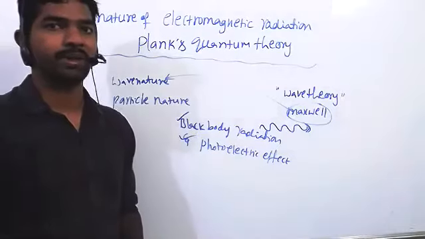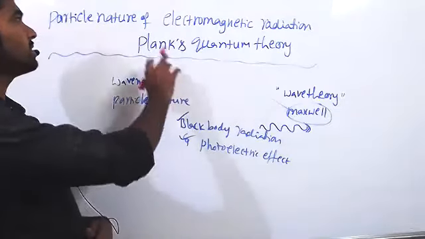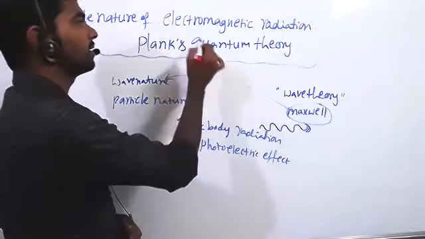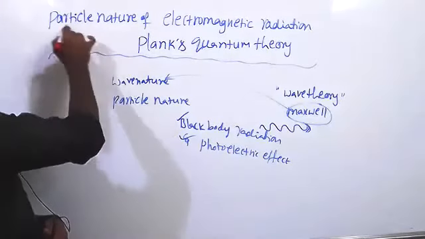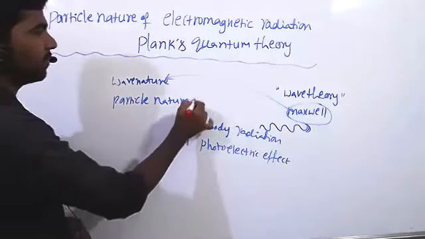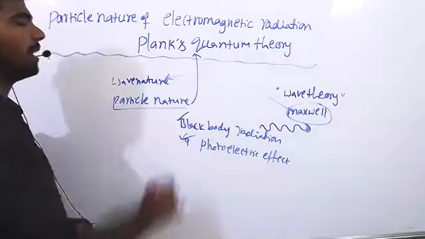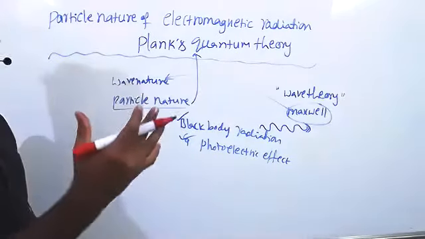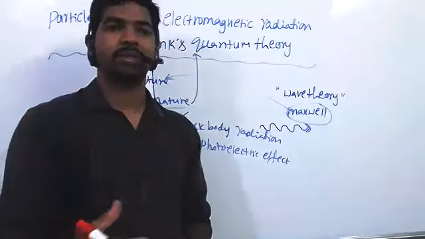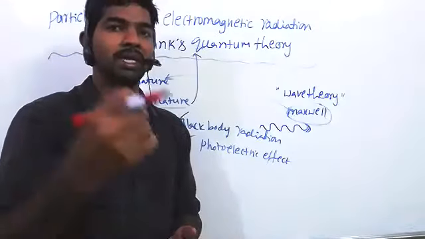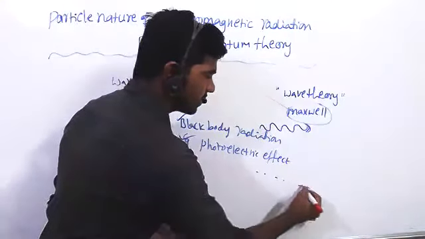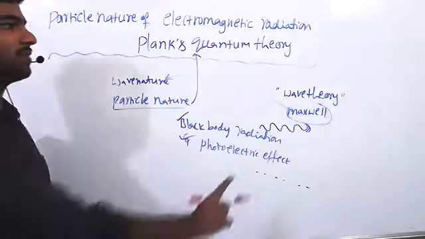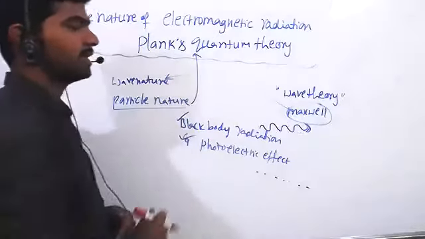That's why the new theory was given by Planck, the Planck quantum theory. It discusses the particle nature: the radiation coming out from any object is in the form of particles, not like a wave. Got it? Now, what is the difference between wave nature and particle nature?